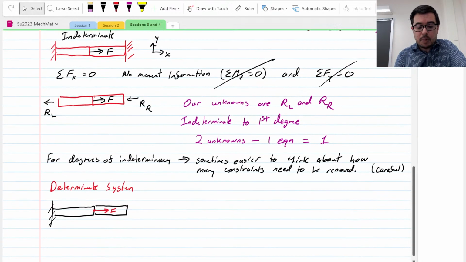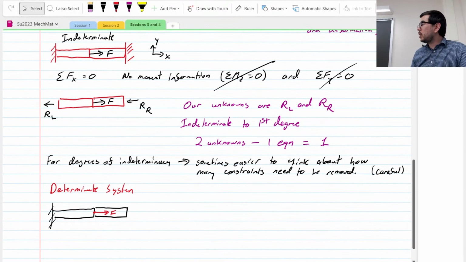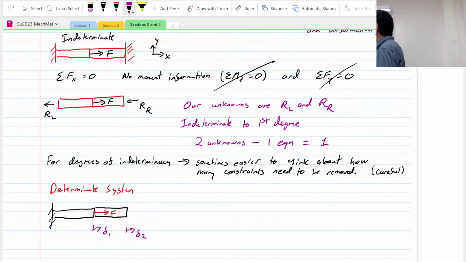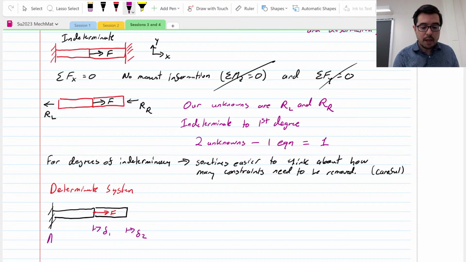This system, if I'm interested in the displacement, let's call them delta 1 and delta 2. We'll say delta 1 and delta 2 are with respect to ground. If we call this A, B, C, delta 1 and delta 2 are with respect to ground.